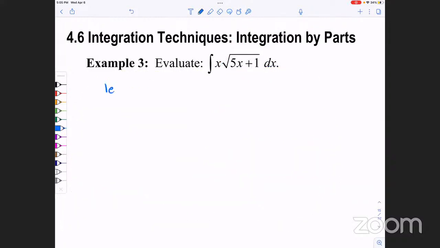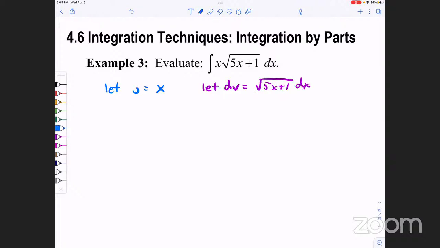So we're going to let u be, I think, x. And we're going to let our dv be the square root of 5x plus 1 dx.